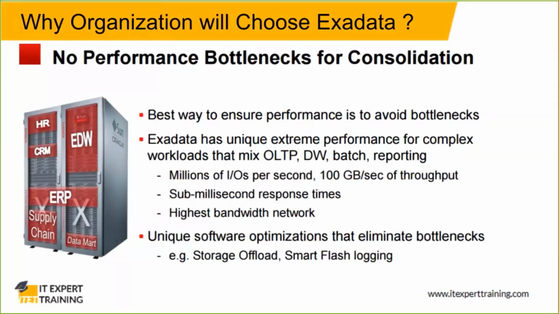Supply chain is running on the first Exadata. EDW is running on the second Exadata. HR and CRM are running on the first Exadata, and they can still pump in more databases to it. And all these are using all the features available, the smart storage and the intelligent storage, and they will get the best performance out of it.